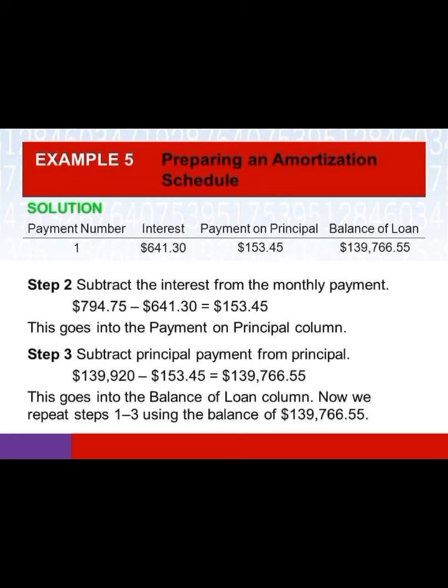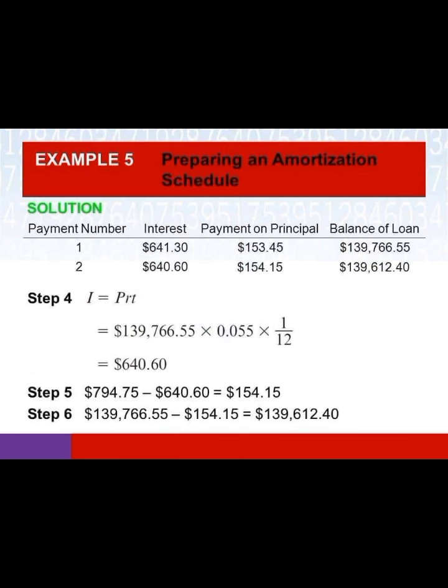That is the balance of loan. So now this goes into the balance of loan column. So now we repeat steps 1 to 3 using the balance of $139,766.55. So this time we are going to find the payment for the second month.